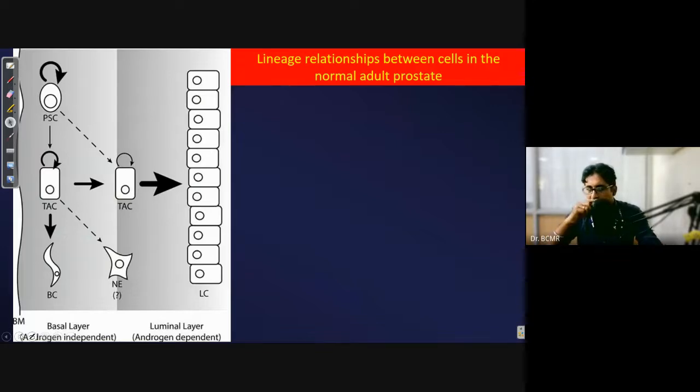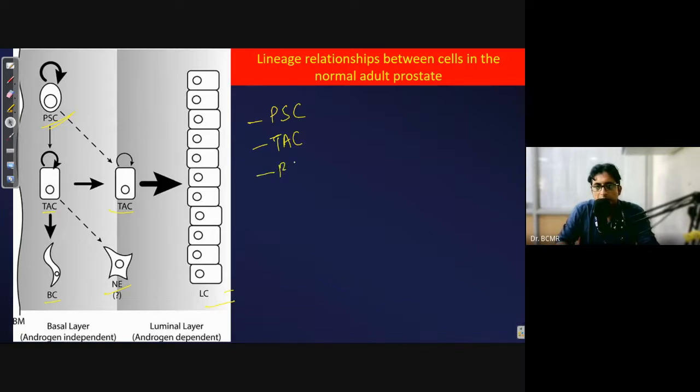So let's have a similar one. This is the prostate stem cell, which will divide into transit amplifying cells, and transit amplifying cells will further divide into basal cells, neuroendocrine cells maybe, and luminal cells, right? Prostate stem cell is one cell type, and TACs are intermediate cells, so they will give rise to other cell types.